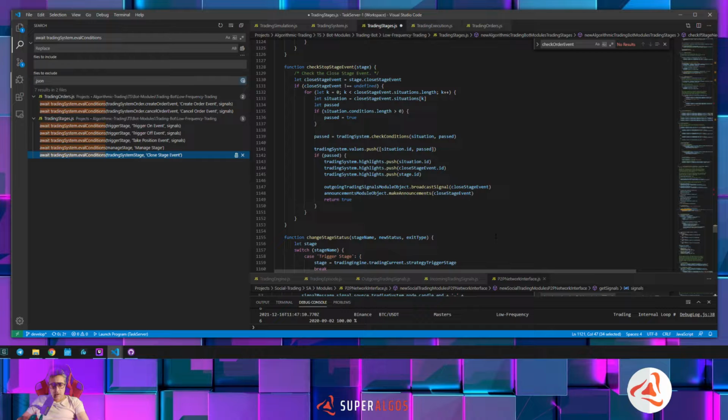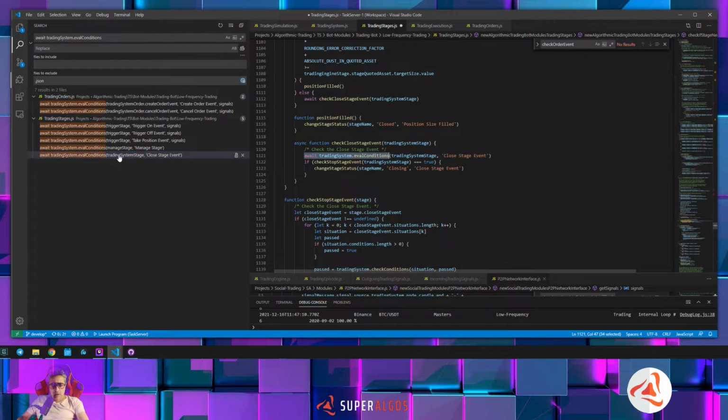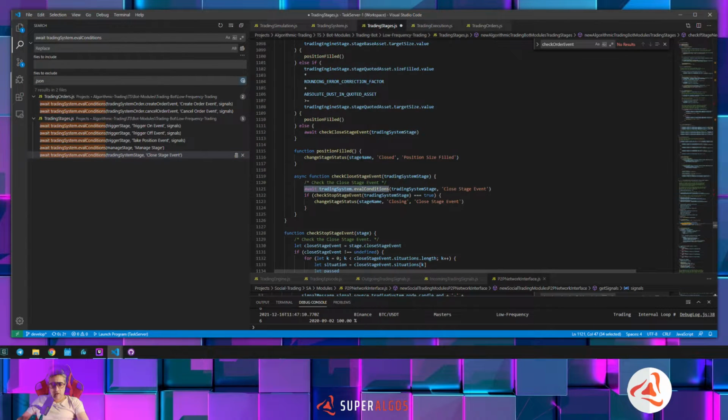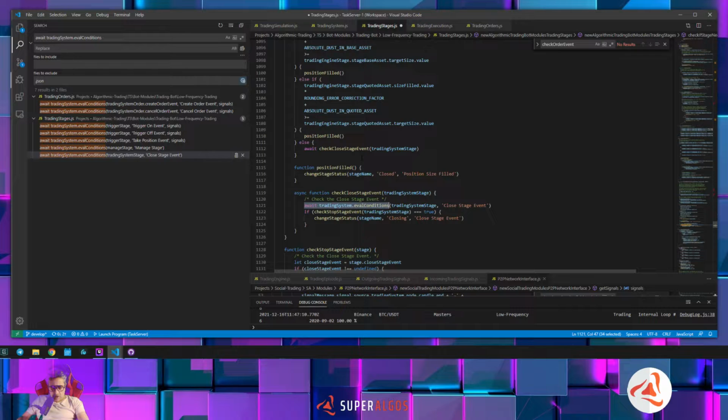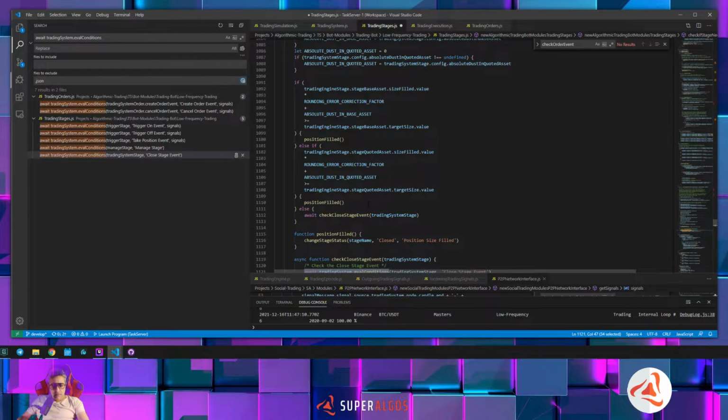okay, there is another execution here. Check close stage event. Okay. Yeah.